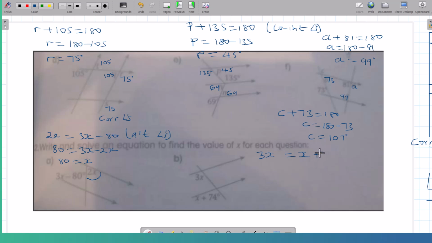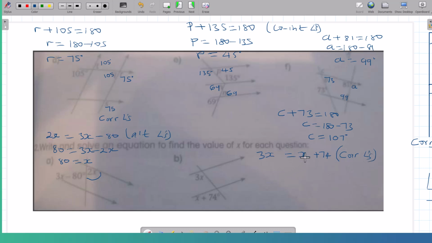Why are we equating these two? Because they are corresponding angles.